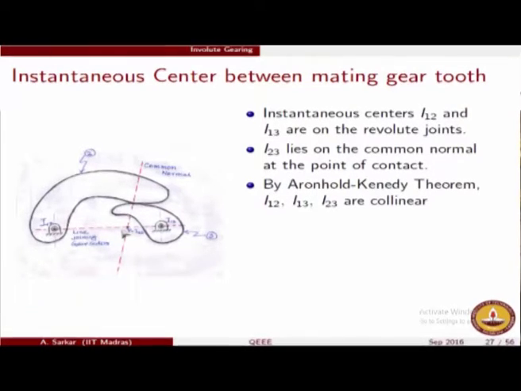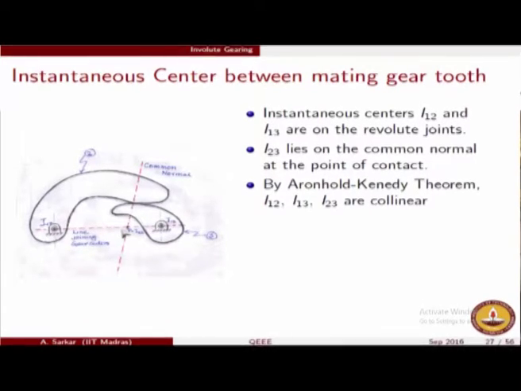Here, if I do this geometry a little more carefully, I should be able to understand the following. I am completing these lines. This line is tangent to the radius vector, as we know. This is RP, which is the pitch circle radius, and this is RB, the base circle radius. If this is phi, this is also phi, and this is 90 minus phi.